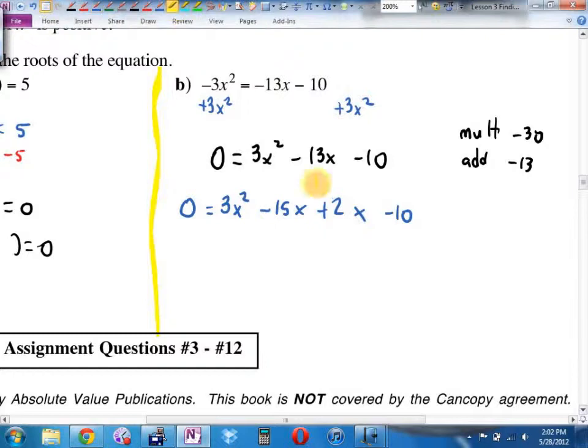Then we draw a line down the middle. Drop the 0, drop the equals down. GCF, remember this? Out of the first two terms. Emma, what is it? x minus 5.